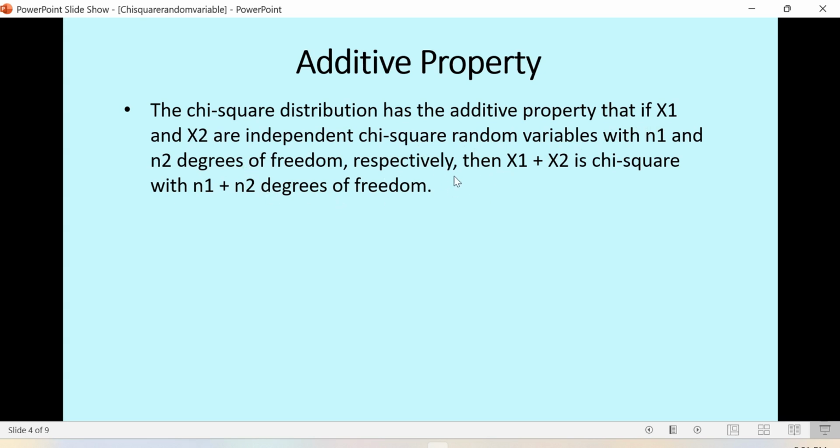So x1 plus x2 is a chi-square random variable with n1 plus n2 degrees of freedom.